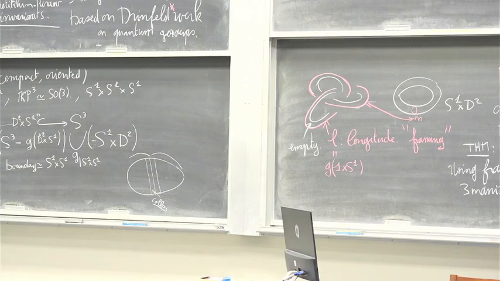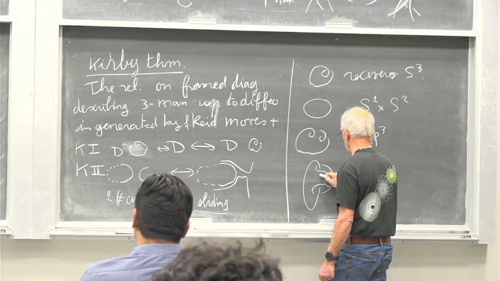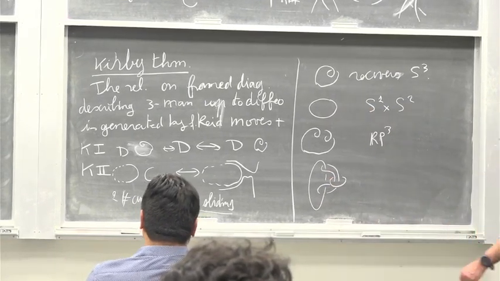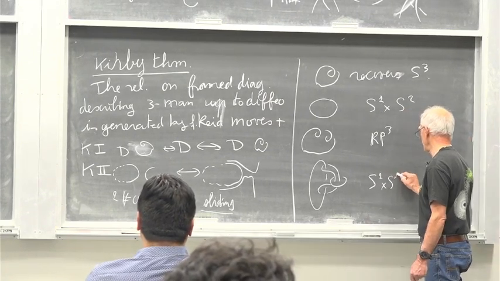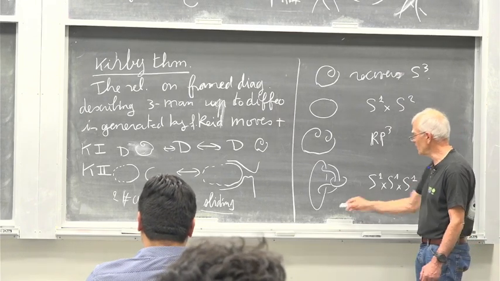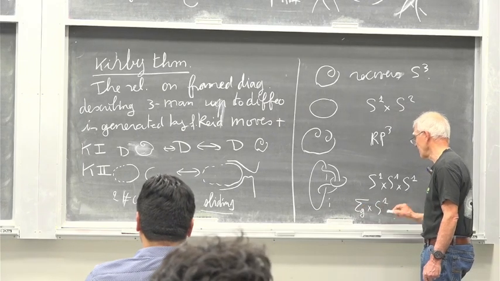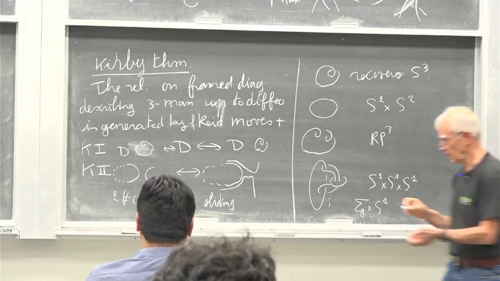An interesting one would be this guy. You see, with Borromean rings, we are organizing the Olympic Games. And this will give S1 times S1 times S1. And we could generalize and get, if we want, sigma G times S1. But you have many.